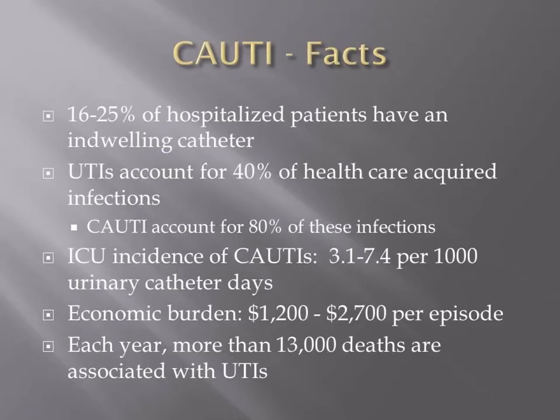We'll go over some basic facts about CAUTIs. 16 to 25% of hospitalized patients have an indwelling catheter placed. And UTIs account for 40% of healthcare-acquired infections, and of these, 80% are caused by CAUTIs. So obviously CAUTIs cause significant morbidity in those patients who are hospitalized.